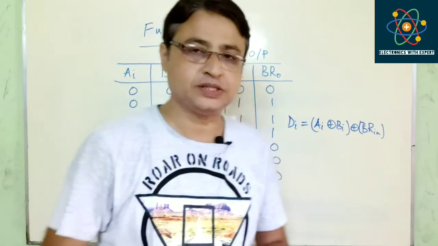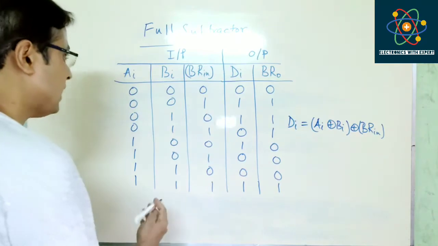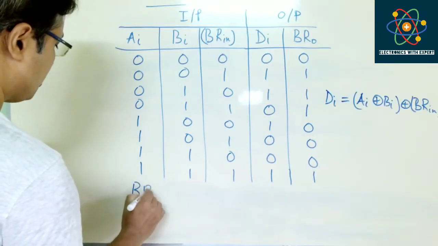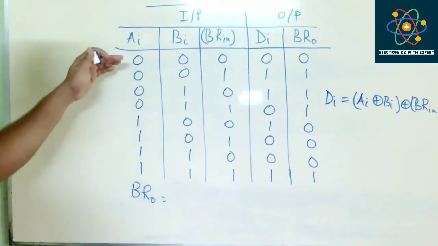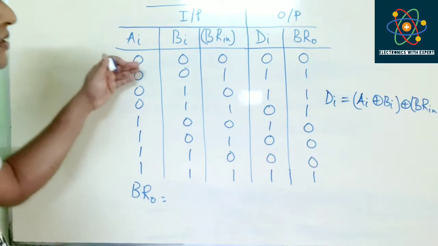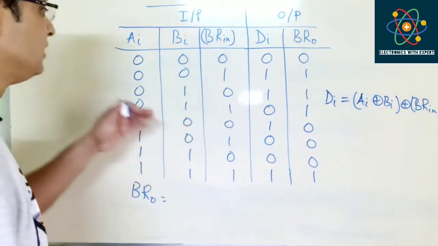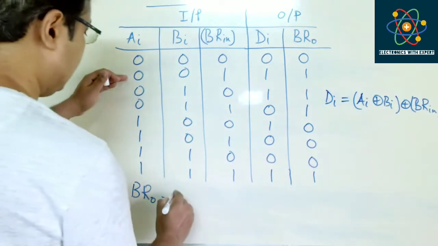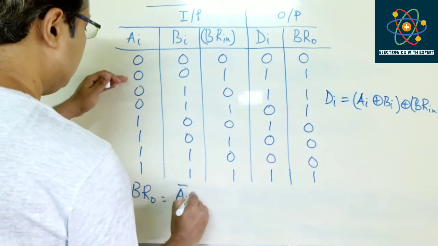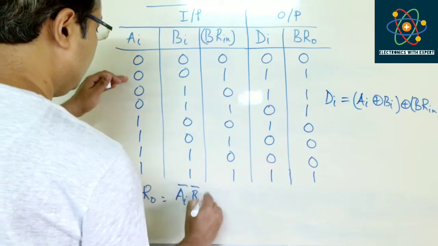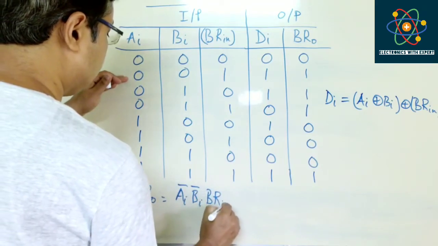The borrow out expression can be written as Bo equals, or borrow out equals. Here also there are 4 combinations in which the borrow out expression is high. So writing one by one, we can write Ai bar Bi bar borrow in. This is our first combination.